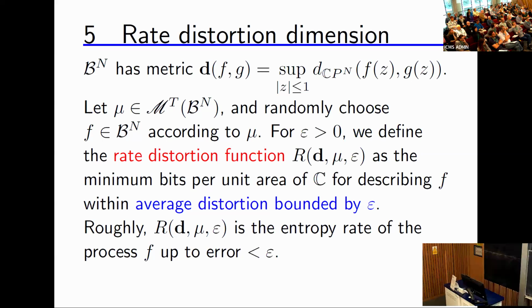And the rate distortion function describes the fundamental limit of compression in such data compression methods. If time permits, I will explain a more precise definition of the rate distortion function, but now I want to skip it and go to Brody curves.